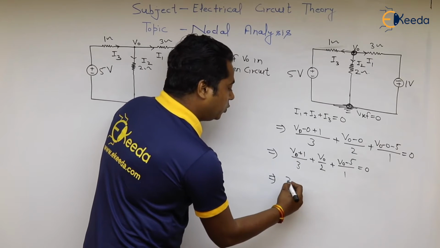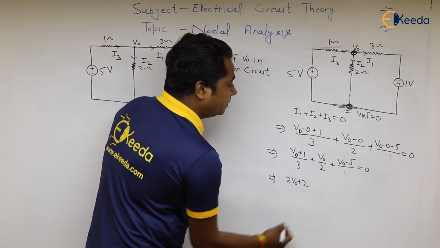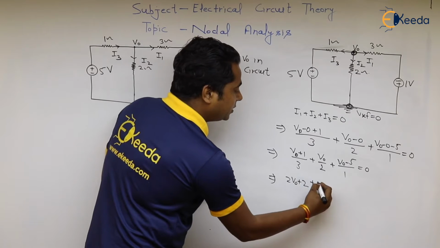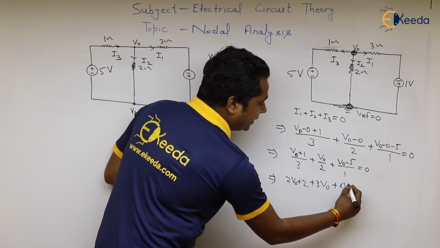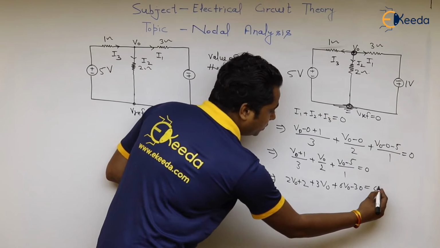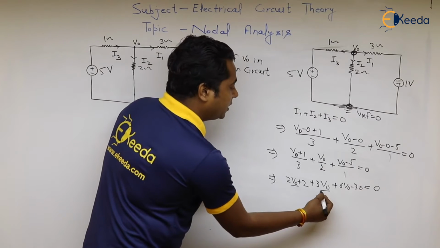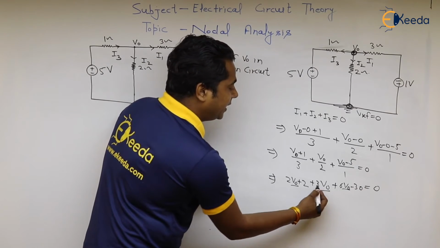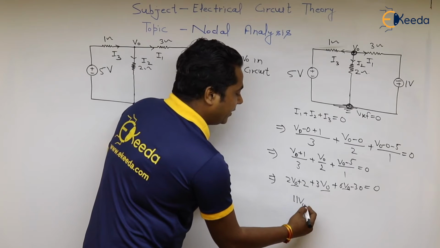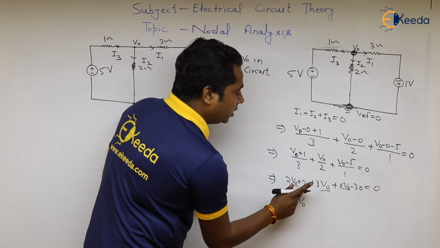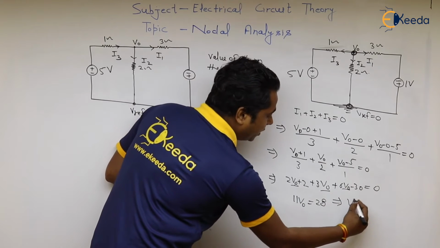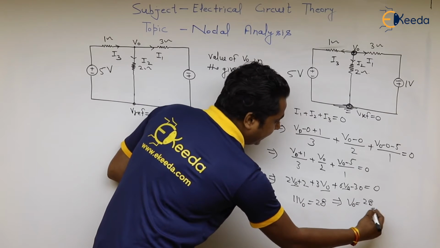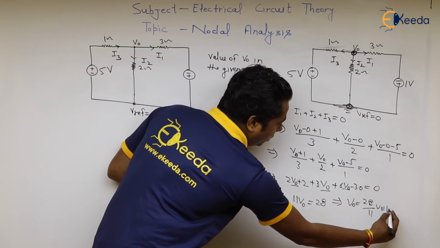This will be equal to 2V0 plus 2 plus 3V0 plus 6V0 minus 30 is equal to 0. So 2V0, 3V0, 6V0: 6, 3, 9 to 11. 11V0 will be equal to 28. So V0 is equal to 28 by 11 volts.